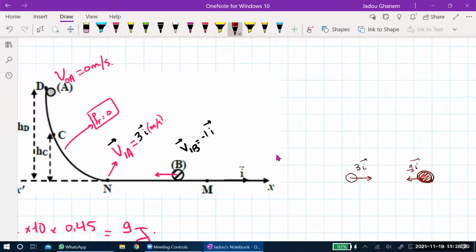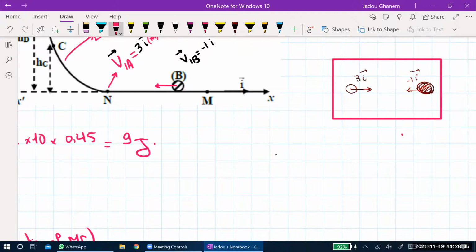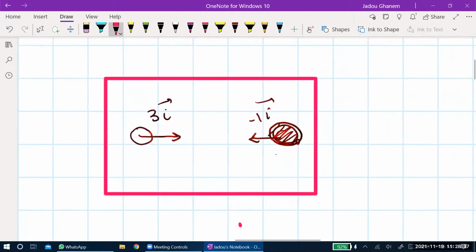Now, if I want to ask you, what is the speed of both particles as a center of gravity of one system? If we just take a look at both particles, assuming that they are one system, you can just tell me that the speed of the center of gravity of both particles is 0.33i.